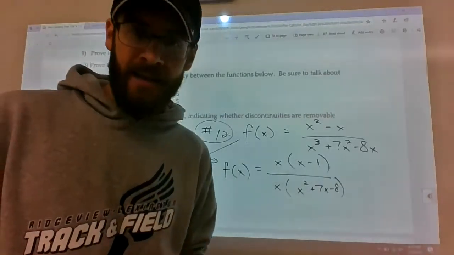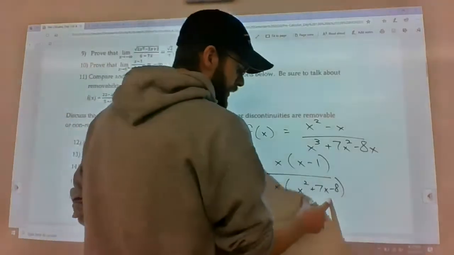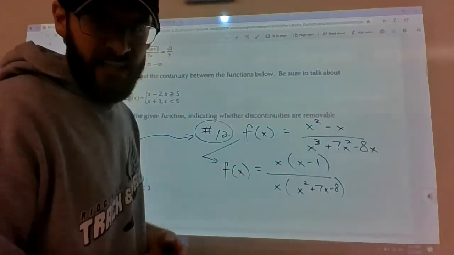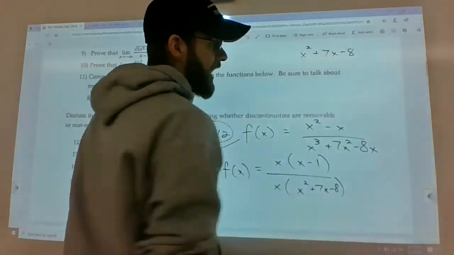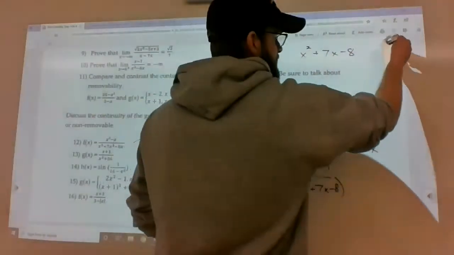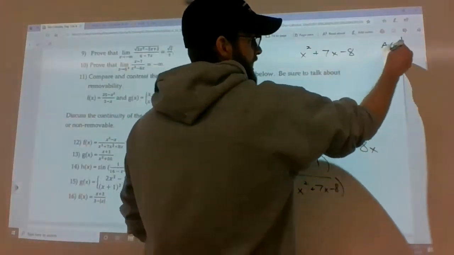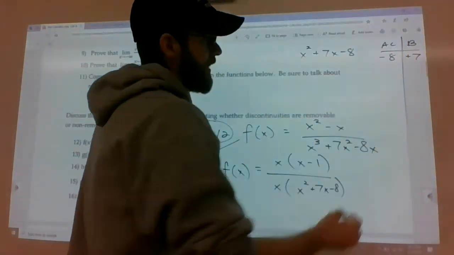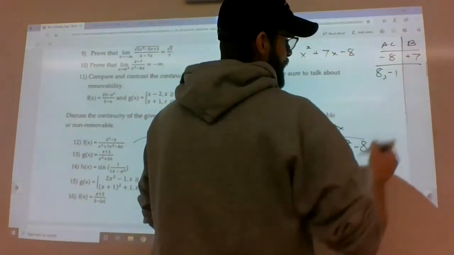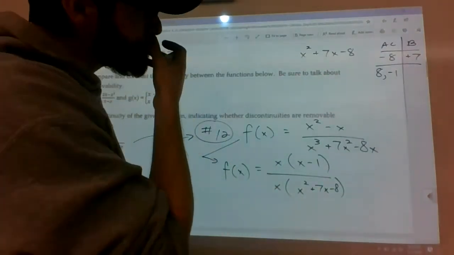The answer, yeah. For x squared plus 7x minus 8, if we need to go through the long way, we ask ourselves what multiplies to give us 1 times negative 8 and adds up to give us 7. Well, 8 times negative 1 would give us positive 7.